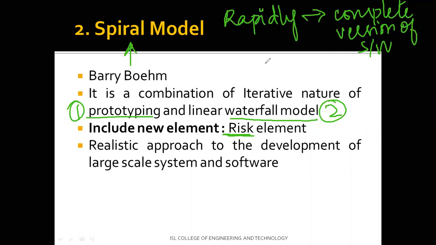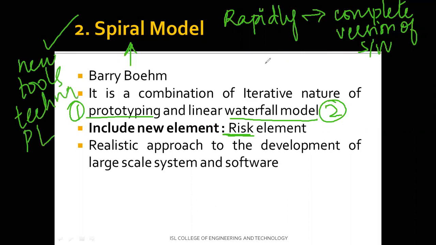At that point, you go for the spiral model. When you're using new tools, new techniques, or a new programming language, and implementing it on a new operating system, when everything is new, the output is not known, so you go for the spiral model. It is a risk-driven model.